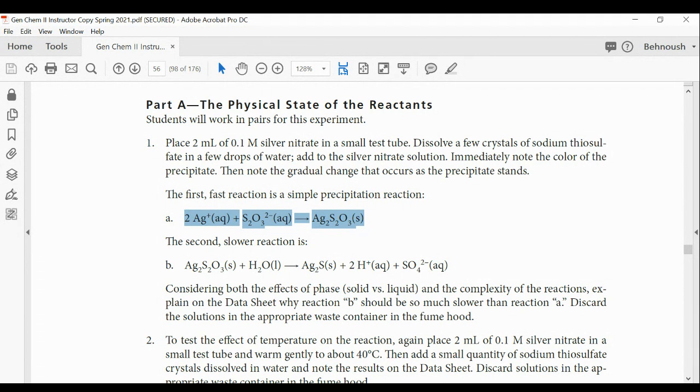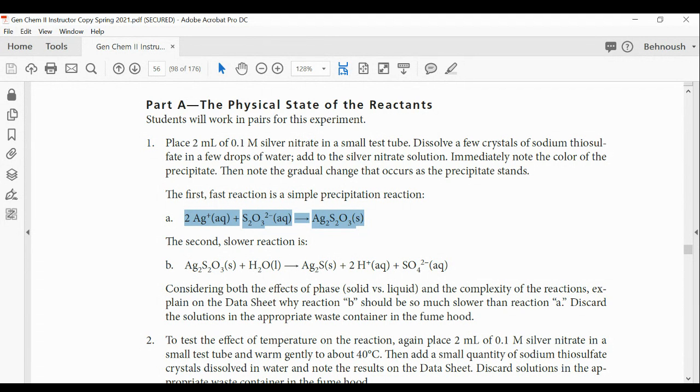Okay, very good. So we also have some responses in the chat, which is good. For A, you start with the aqueous form, and that explains the state of the reactant. If it's in the aqueous form, the particles can move around freely, and there is a greater chance for collision.